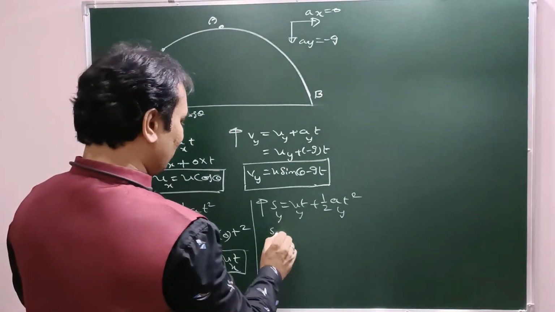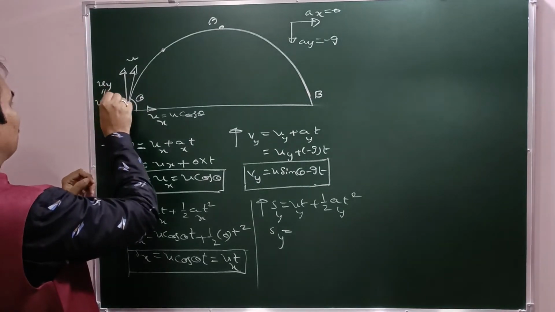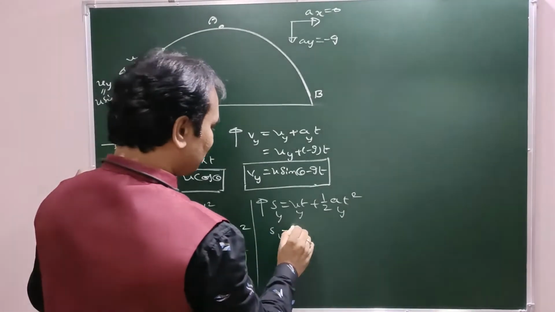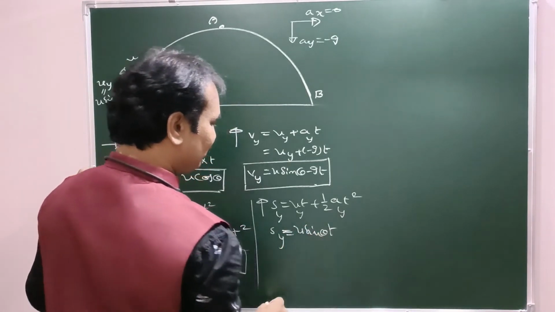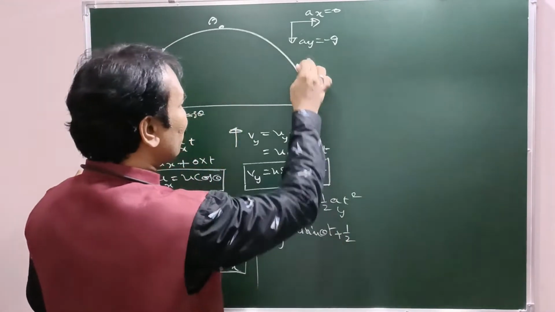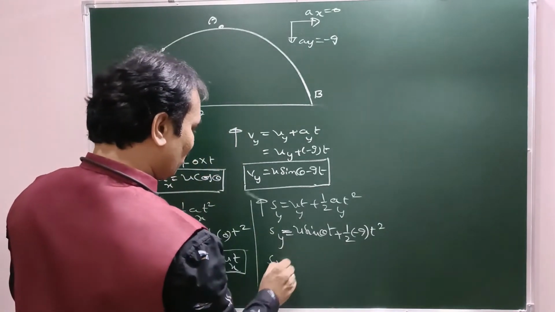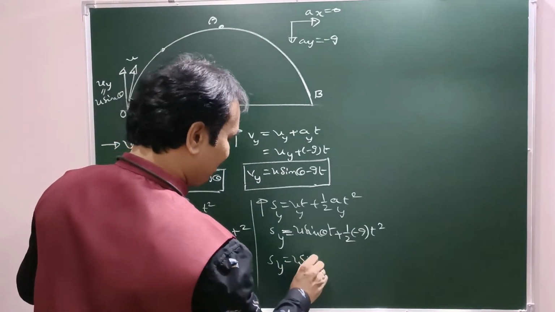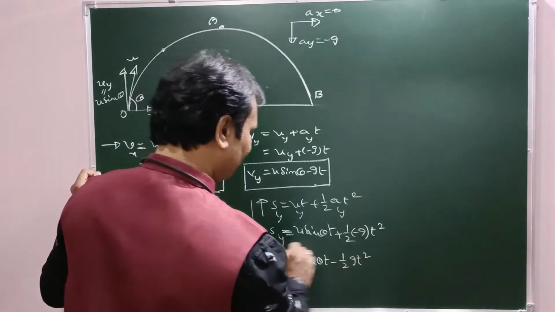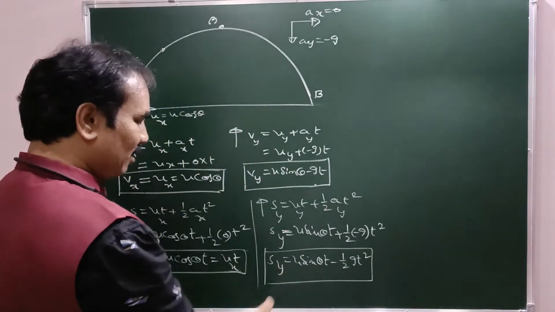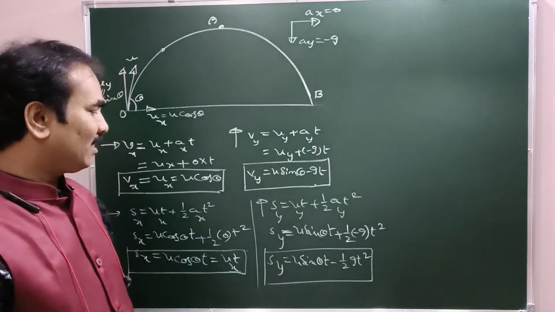So sy becomes equal to u sin theta t plus half into ay, which is minus g, into t square. So sy becomes equal to u sin theta t minus half g t square. Right? So these are the horizontal and vertical displacements covered by the projectile in time t after projection.